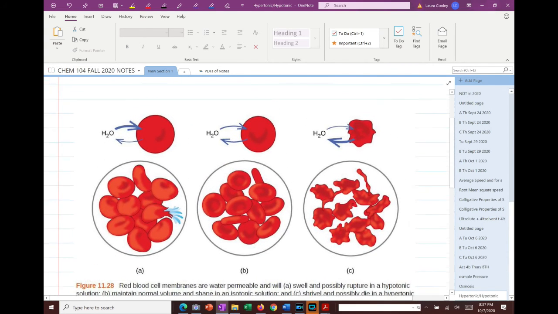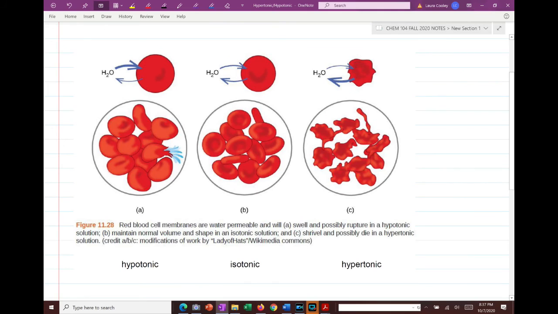Yeah, so here is your hypotonic situation, where water will flow, as it's shown here, into the red blood cell. There'll be a greater flow in than out, and these cells will basically explode. Here's isotonic, where you have equal rates of flow.